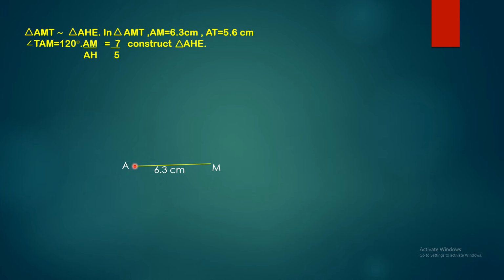Okay, so we have to make an angle at A of 120 degrees. Now here the measure of AT is 5.6. So from point A, take a measure of 5.6. Okay, and mark a point T and draw the line TM. So this is the required triangle AMT.